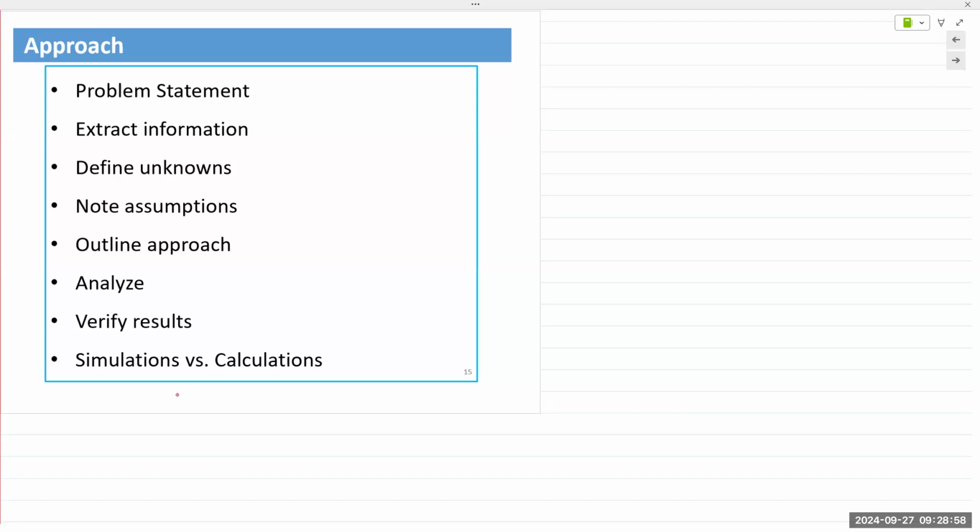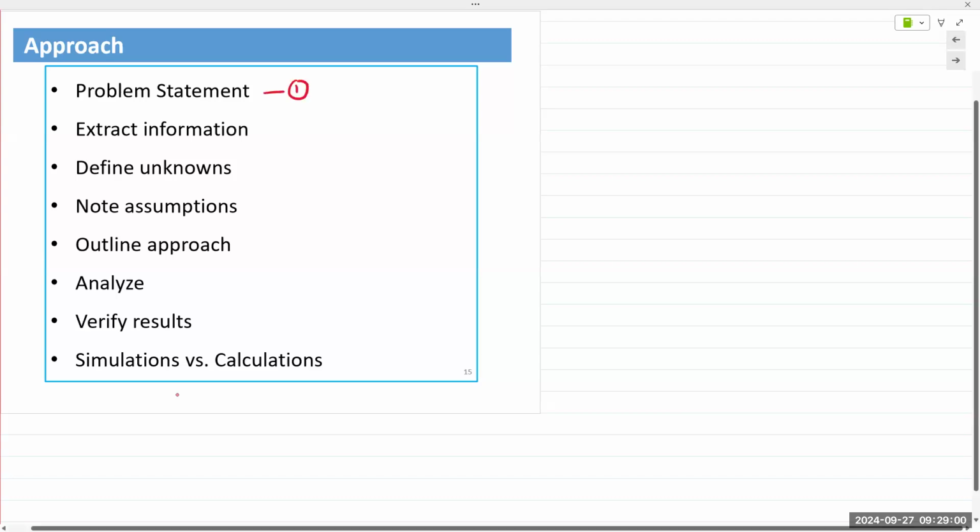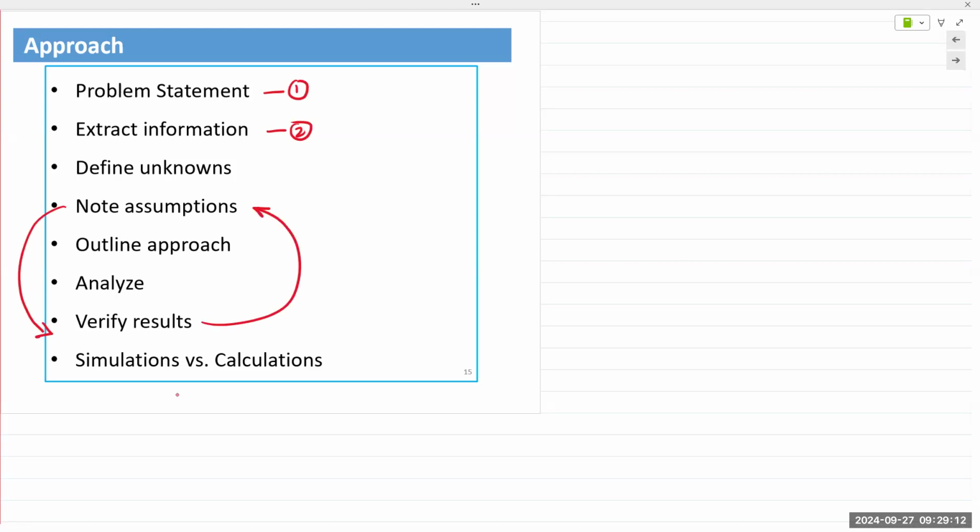And so here, again, I would say this is the absolute first, second, most important, and then assumptions and verifying results kind of moves in a circle. Your results must match with your assumptions. If they don't, then you need to perform it again.